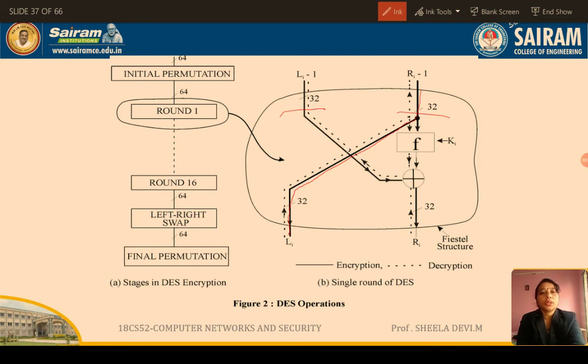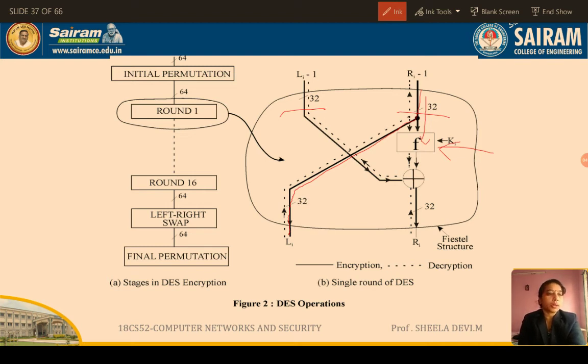Then what happens? These rightmost 32 bits will be fed into the function. For every round a separate key will be generated, so 16 different keys will be given, one for every round. Function is nothing but some mathematical operation happening.